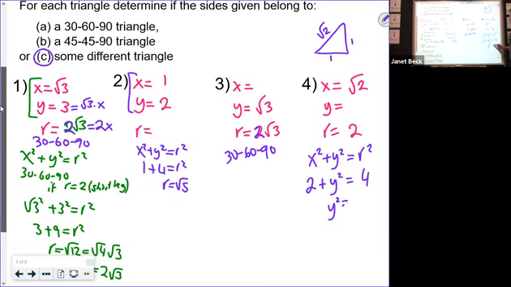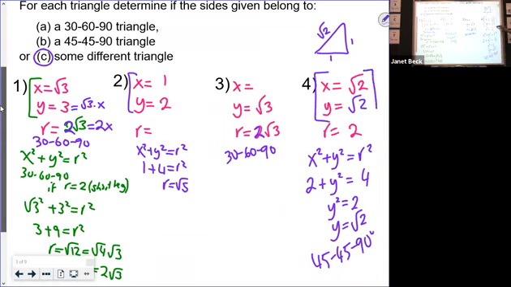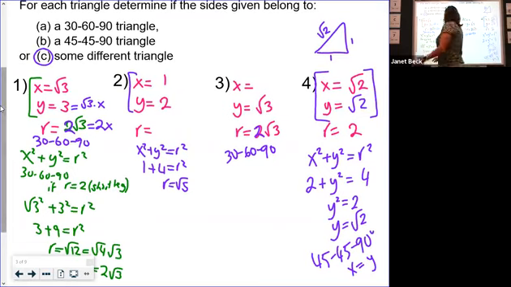So y squared must be 2, so y equals the square root of 2. Put that in there, and straight away you notice this is a 45, 45, 90 triangle because the legs are the same length, because x equals y. Okay? Right.